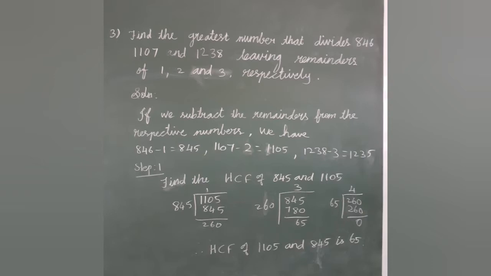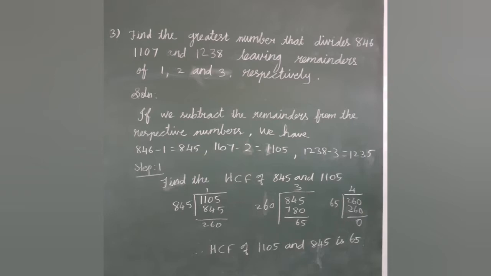Okay. Third question, find the greatest number that divides 846, 1107 and 1238, leaving remainders of 1, 2 and 3 respectively. So listen, if we subtract the remainders from the respective numbers, we have 846 minus 1 equal to 845, 1107 minus 2 equal to 1105, 1238 minus 3 is equal to 1235. Step 1, we can find the HCF of 845 and 1105.